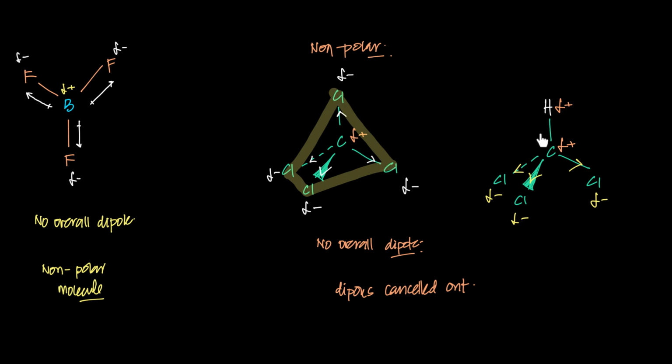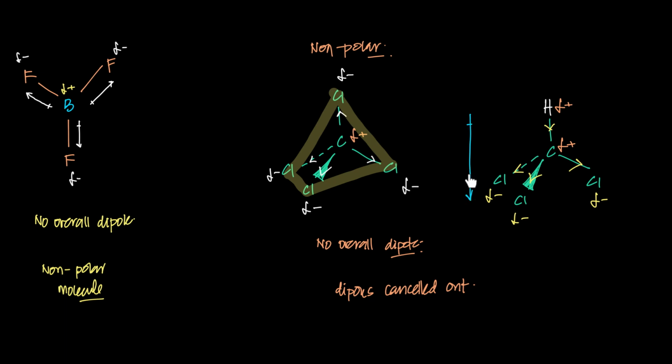Here, the electrons tend to go down towards chlorine and away from hydrogen. So there is a push of electrons downwards. Overall, you could say for this molecule, the electrons are being pushed downwards. This represents the overall dipole of the molecule.